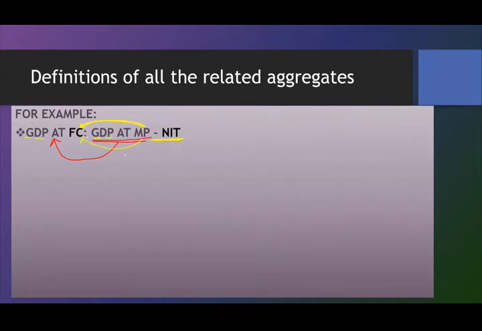As MP is the broad concept, from broad to narrow you have to deduct something. That something is the difference, and what is the difference between MP and FC? That you all know already: the NIT. So this NIT will be deducted from GDP at MP and you will reach GDP at FC.